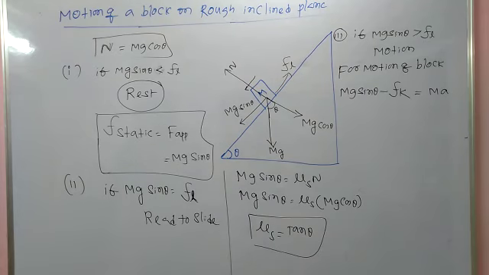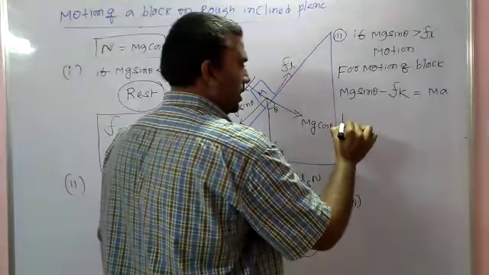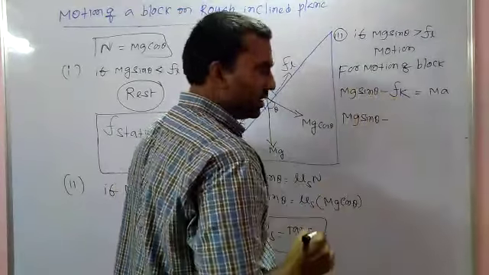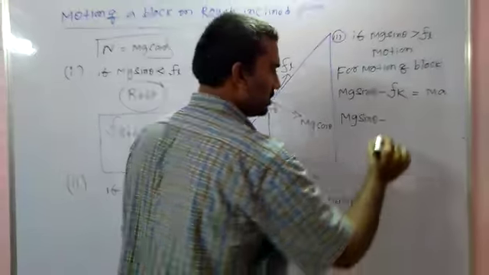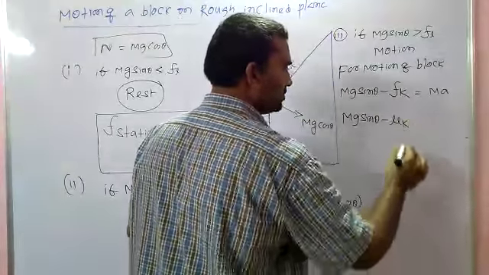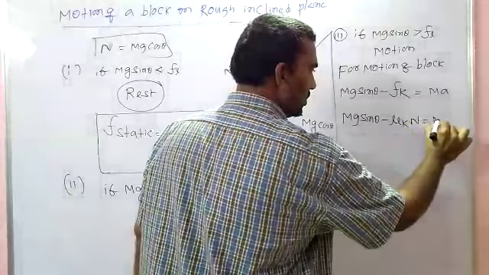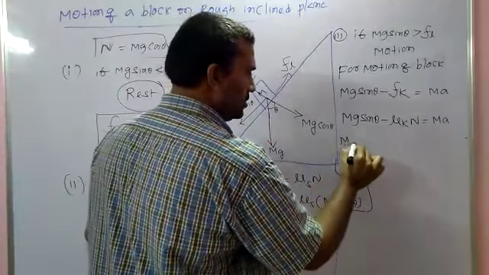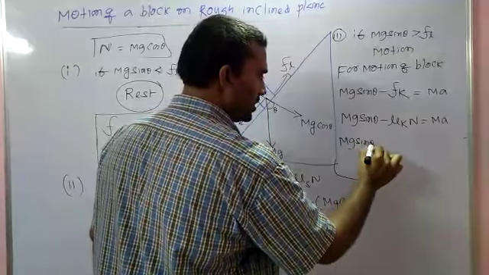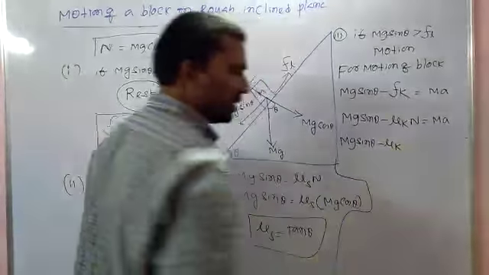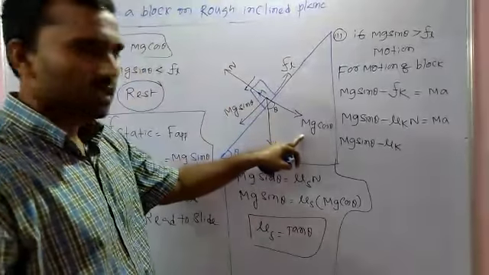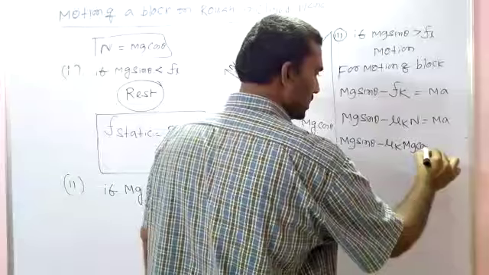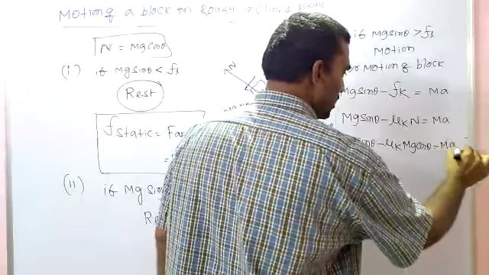Now mg sin theta minus fk. Kinetic friction is mu k into the normal reaction, equal to ma. Now mg sin theta minus mu k into the normal reaction, which is mg cos theta, is equal to ma.